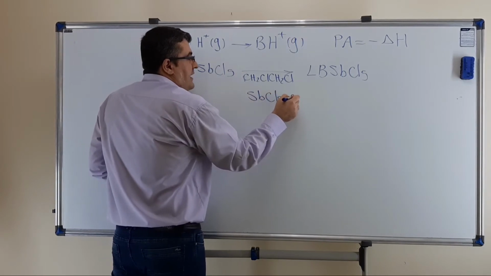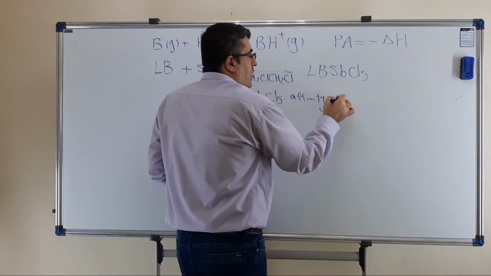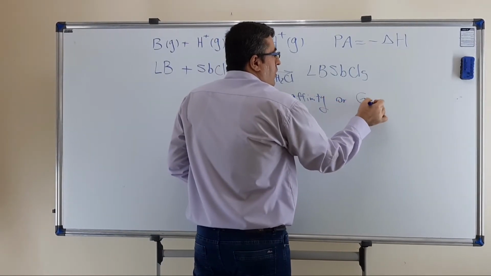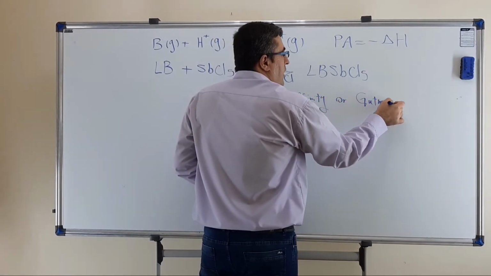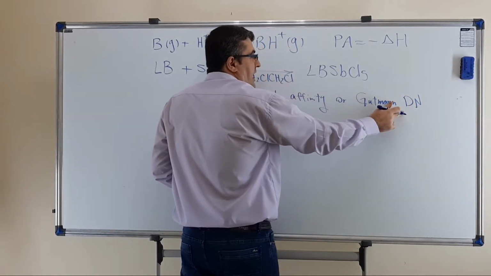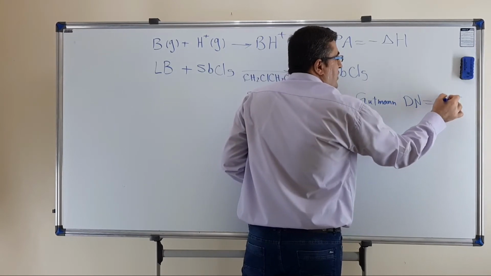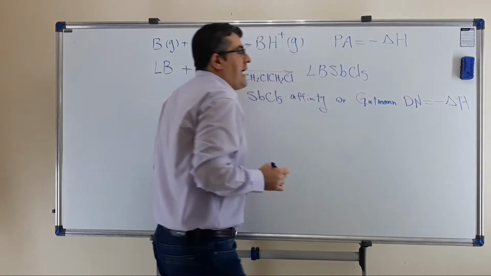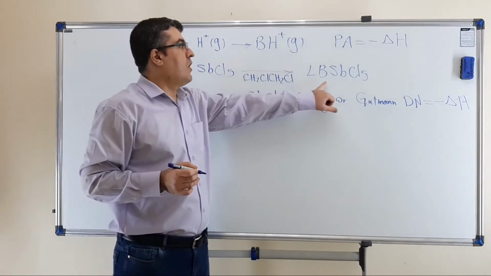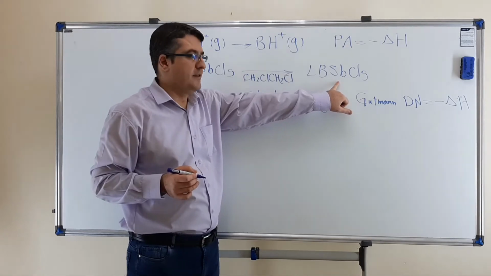SbCl5 affinity, or Gutmann donor number, often abbreviated as Dn, is the negative of the enthalpy change in kilocalories per mole, due to historical reasons, for this reaction at 298 Kelvin.